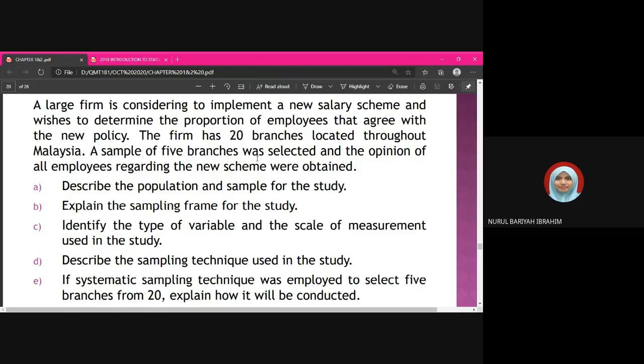The second clustered sample will be the 8th branch. Okay, branch yang keempat, branch yang ke-8, branch yang ke-12. Okay, select from the list yang you dah sort tadi, list of the branches yang you dah sort tadi. Okay, last sekali, sehinggalah do that until you get the 5 branches. You can explain in your own words, asalkan as long as the key point tu sampai. Okay.